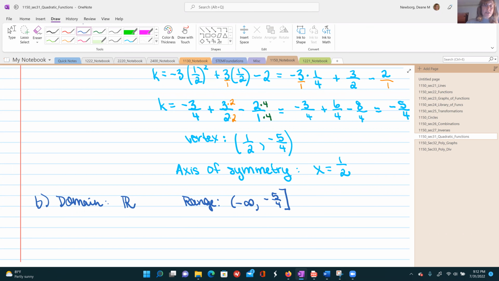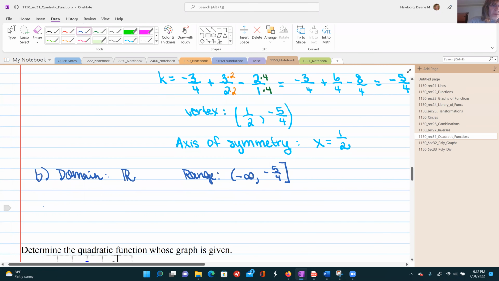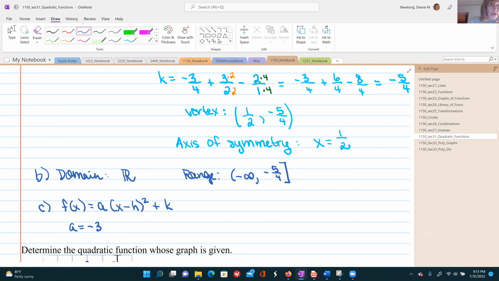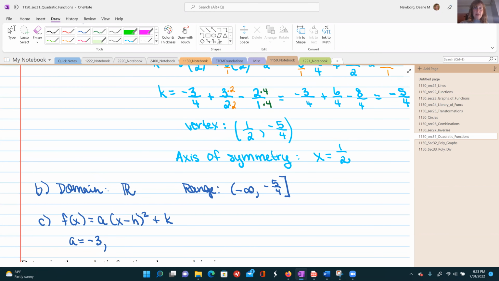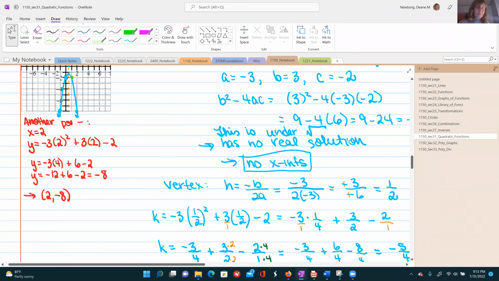And then part C was write it in standard form. Remember, standard form is f of x equals a times (x minus h) squared plus k. We already know that our a is -3. We used that in the quadratic formula, right?